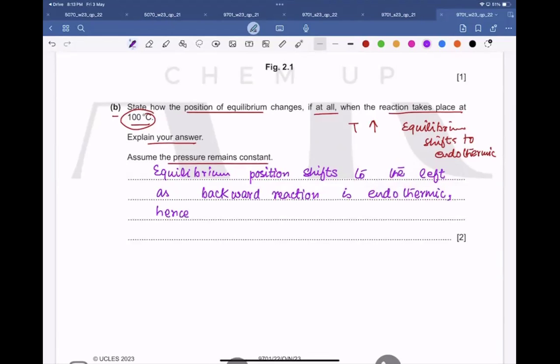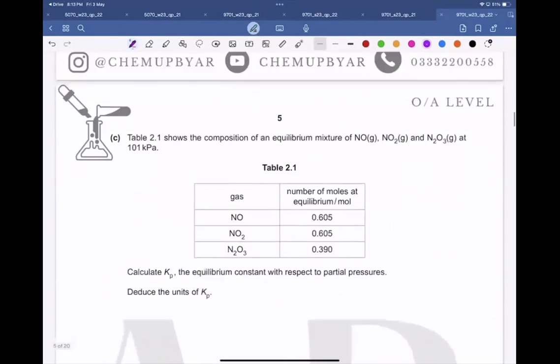Hence, to reduce the increased temperature, or to oppose the increased temperature. That's what Le Chatelier's principle explained to us: equilibrium always shifts in a direction to oppose whatever change occurs or is applied.